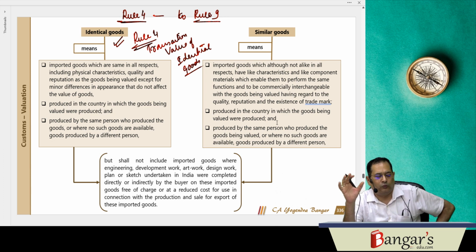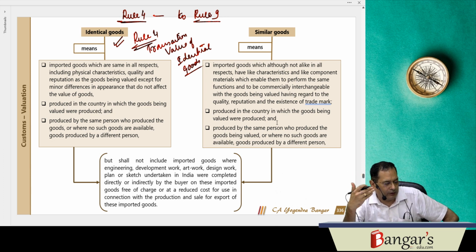The work has been done in India, then the goods have been sent out of India, and on the basis of that engineering, development, artwork and design work, the goods are manufactured and imported. That won't be regarded as identical.